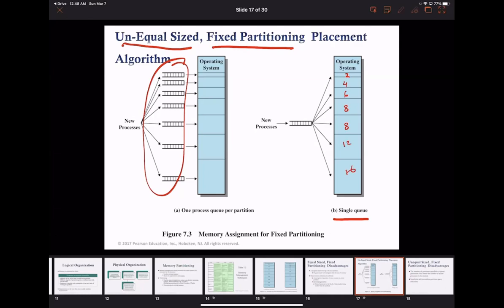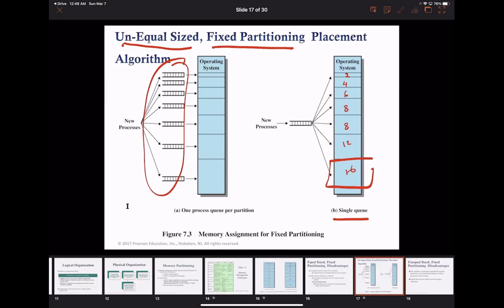Now assume we don't have processes of size 12 or even 16 megabytes at a certain point of time. At this point, the 16 megabyte partition will remain unused, even though some smaller processes could have been assigned to it.